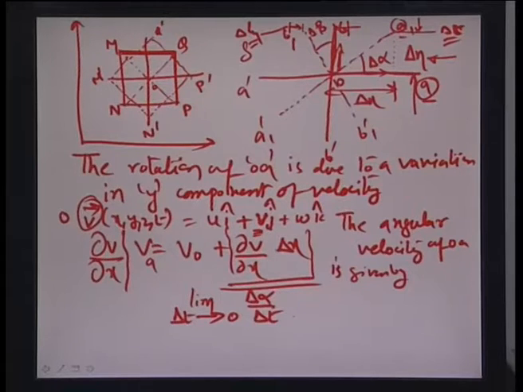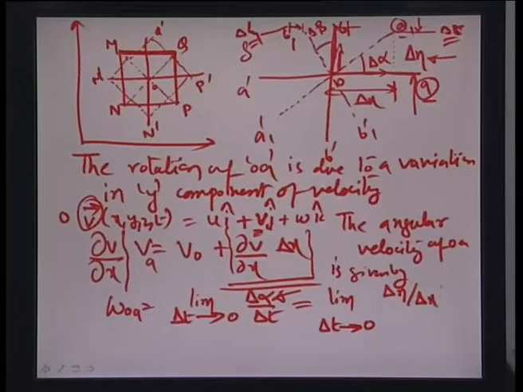So, delta alpha by delta t is really the angular velocity omega OA at this particular instant of time, and therefore this can also be represented by limit delta t tends to 0, and what is delta alpha really? It is nothing but delta neta by delta x. We assume this distance, delta neta, to be the length of the arc, and the radius vector to be delta x. So, the angle delta alpha which it moves is delta neta divided by the radius vector delta x. That is essentially delta alpha divided by delta t.